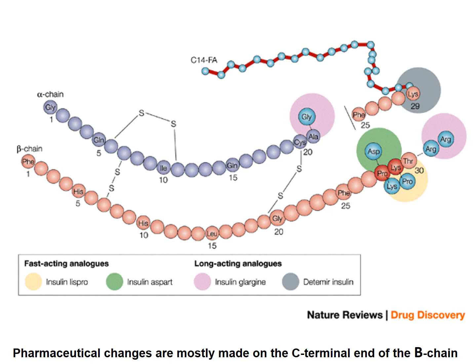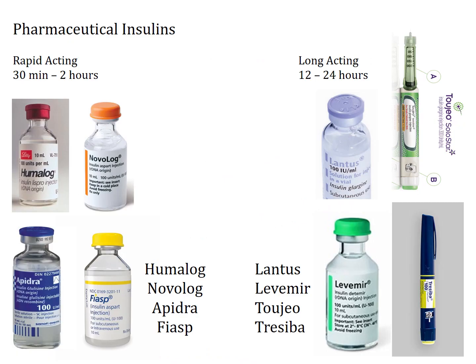So it's human insulin, but pharmaceutical changes have been made to that original Humulin insulin to alter the molecule. Pharmaceutical insulins now either act very quickly for a short period of time, or they have a long duration of action.